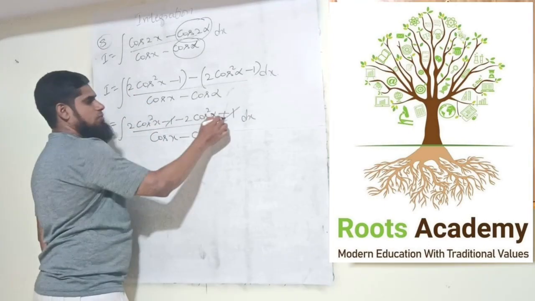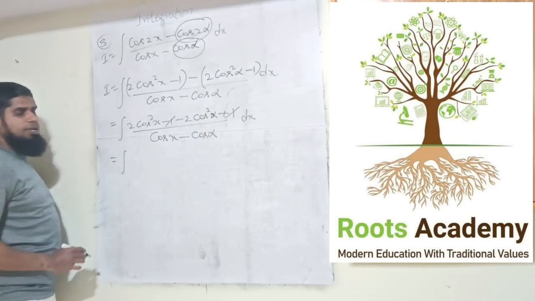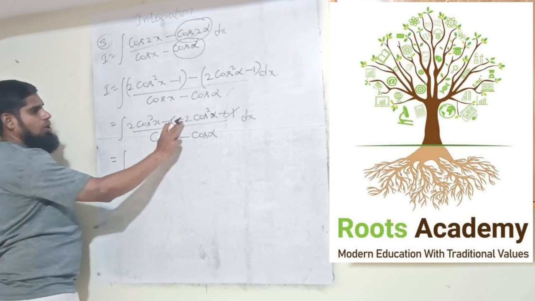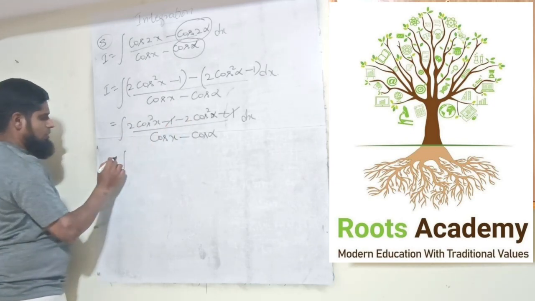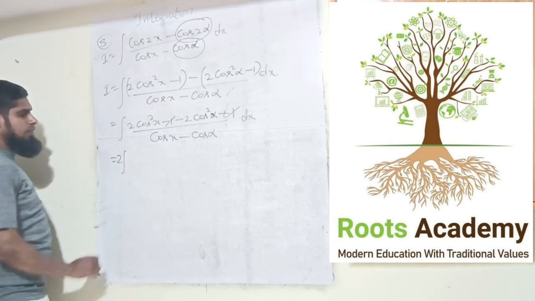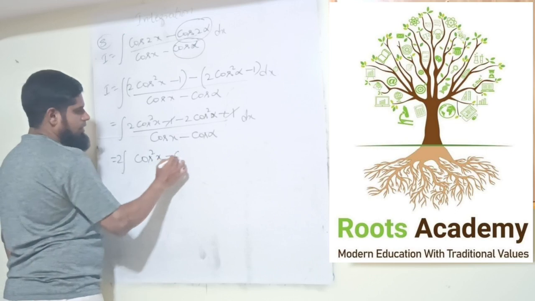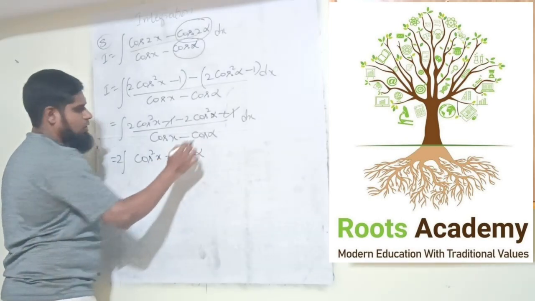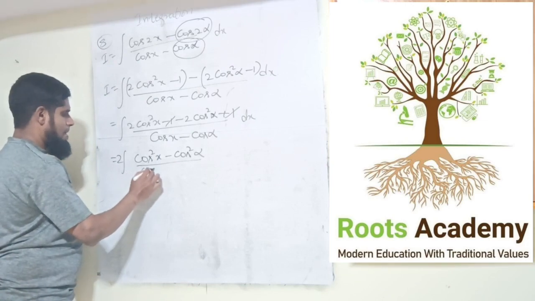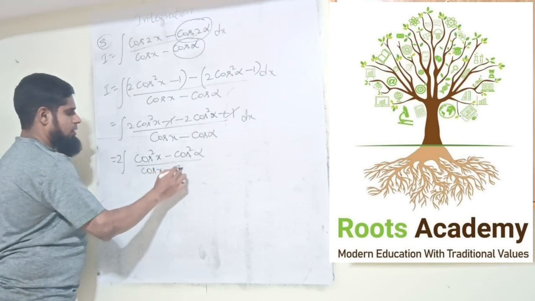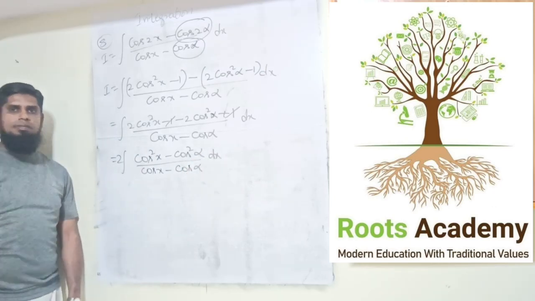So minus 1 plus 1 gets cancelled here. So integration of, I'll take 2 outside the integral here because 2 is common in both the terms. If I remove 2 outside, then I will get cos square x minus cos square alpha whole divided by cos x minus cos alpha into dx.